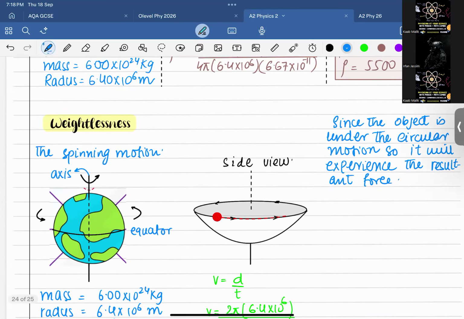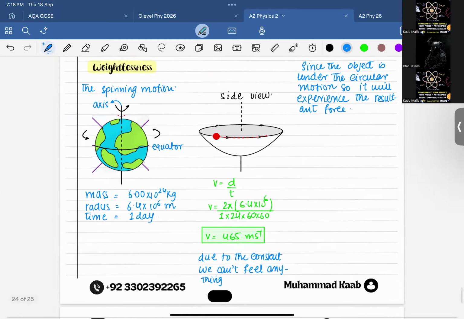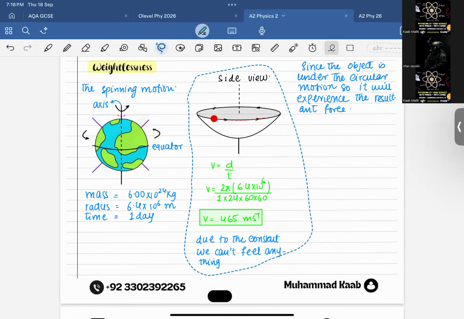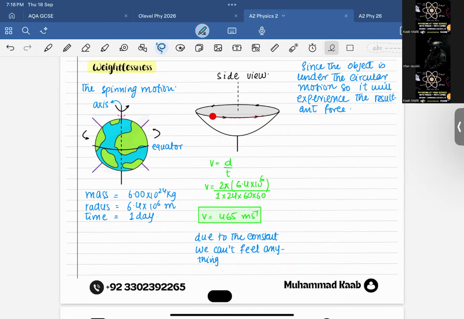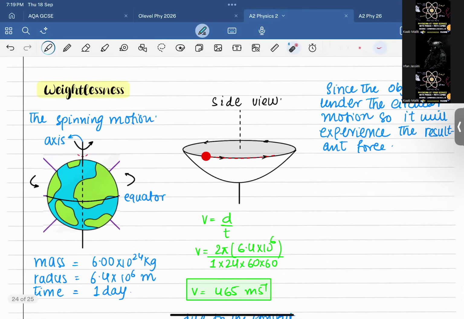Now let's talk about the resultant force. Can you tell me at which point there will be maximum resultant force? What do you think? Will the resultant force be maximum at the axis or at the pole? The axis is right here, and the equator is here, right?